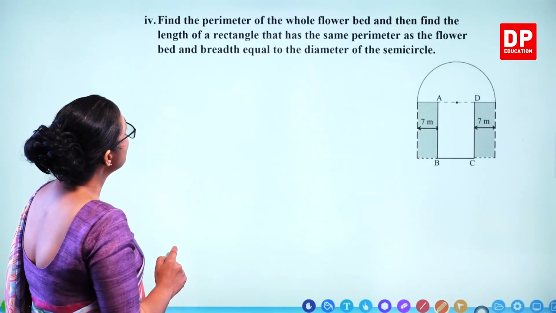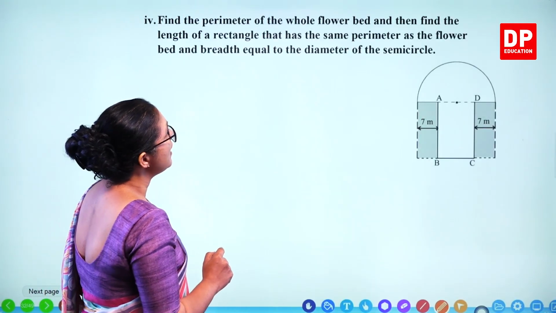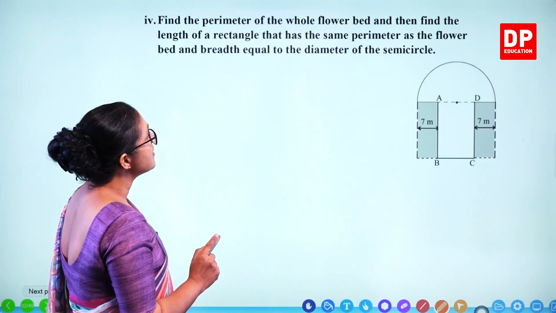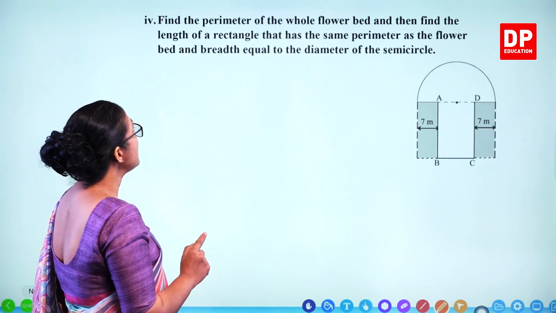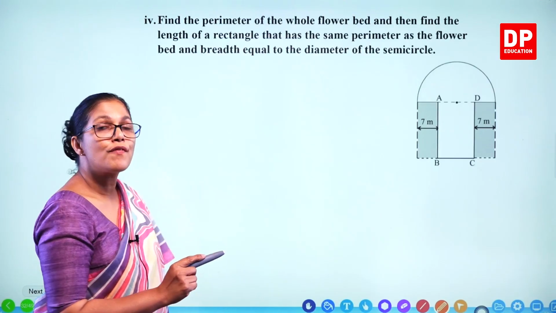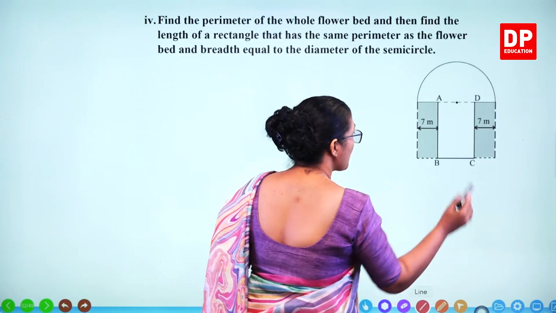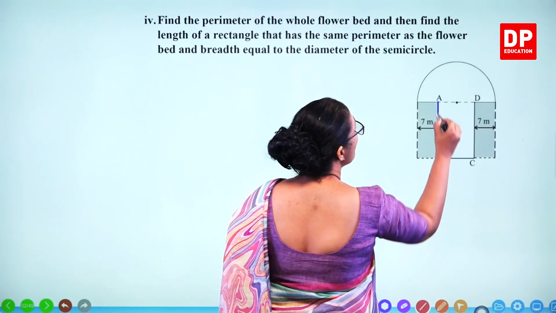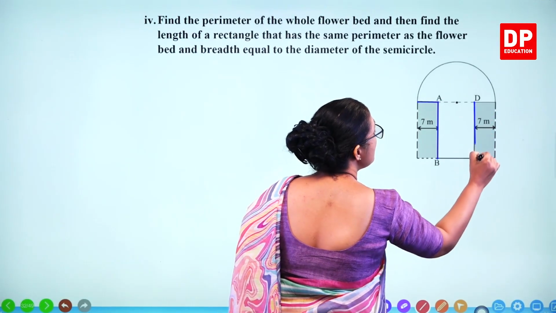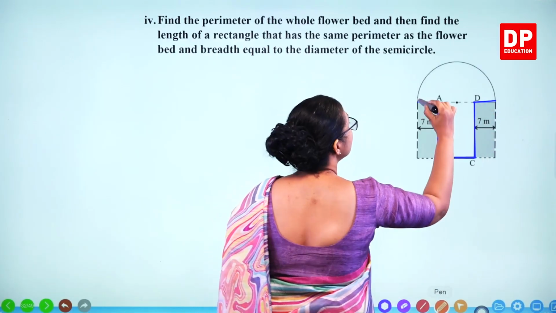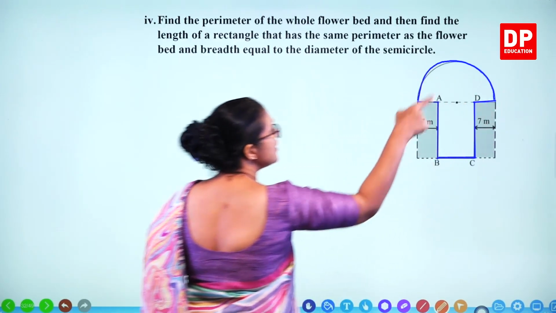Part 4, find the perimeter of the whole flower bed and then find the length of a rectangle that has the same perimeter as the flower bed and breadth equal to the diameter of the semicircle. So let's find the perimeter of this flower bed. This is the perimeter. You need to add all these lengths.